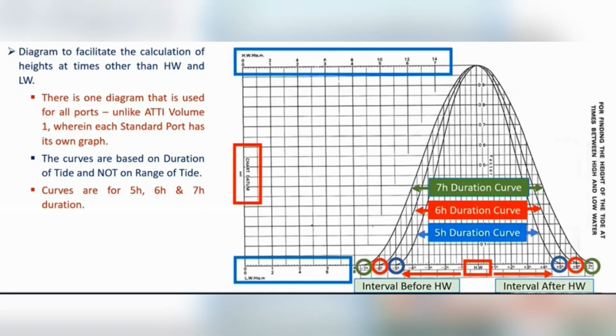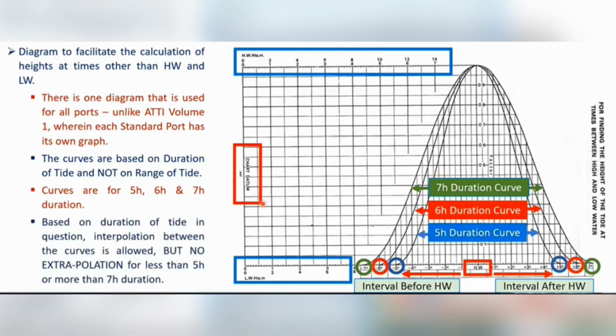Now, if our duration of tide falls between 5 and 6 hours or 6 and 7 hours, we shall do the linear interpolation, and interpolation can be done visually. But if our duration of tide happens to be outside the 5 to 7 hours range, extrapolation is not allowed. No extrapolation allowed, interpolation is allowed.